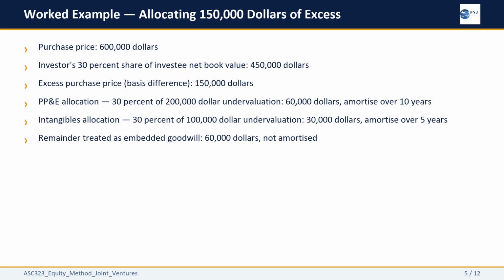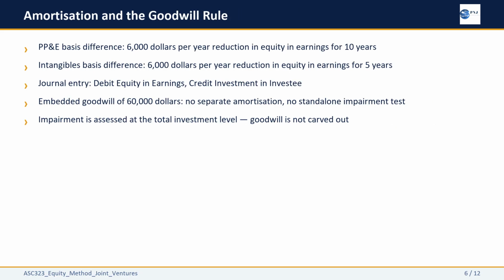Now let us look at how those amortizable amounts flow through your journal entries. Each period you reduce your equity and earnings by the amortization on identifiable basis differences. $6,000 for the PP&E piece, $6,000 for the intangible piece, $12,000 combined each year. The entry is a debit to equity and earnings and a credit to the investment account, reducing your carrying value.